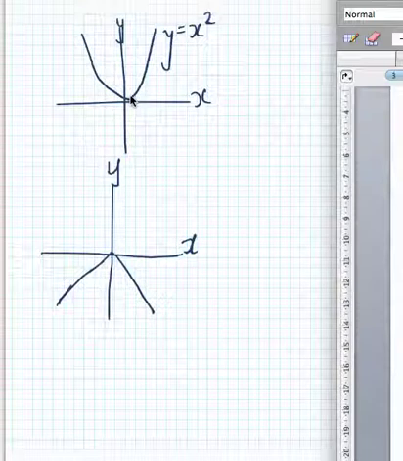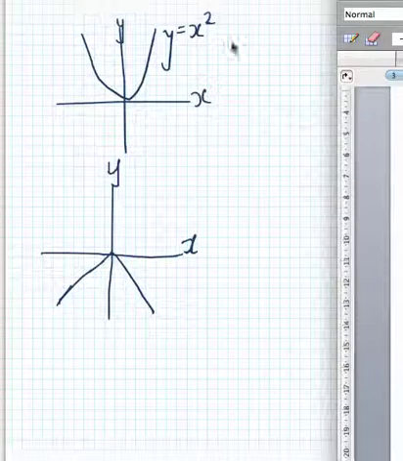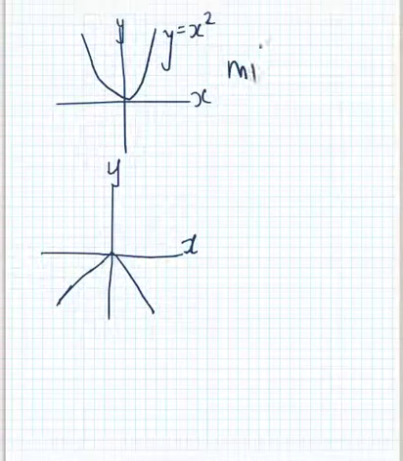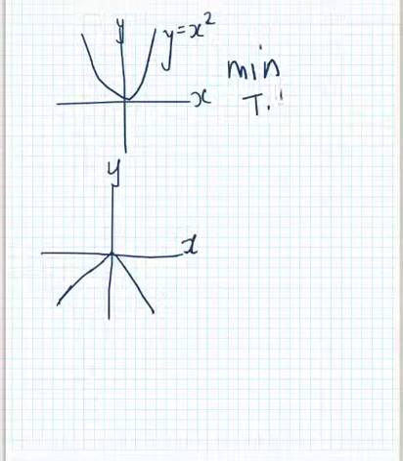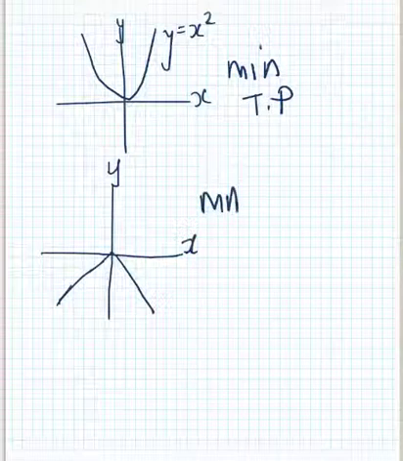And you can see how it's minimum. The turning point is the smallest value for y, and then it goes back up. Whereas the maximum turning point is like a hill shape. It's got a highest point and then it goes back down. So just draw a quick sketch of this. This is our minimum turning point, and this one here is our maximum turning point.